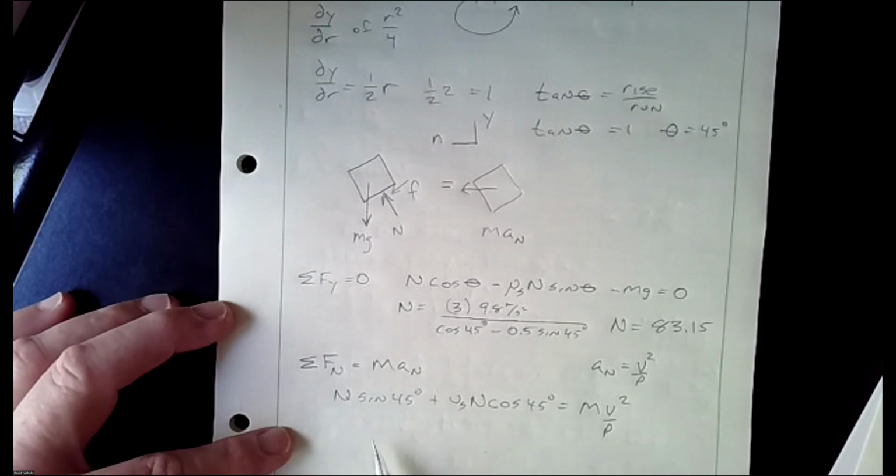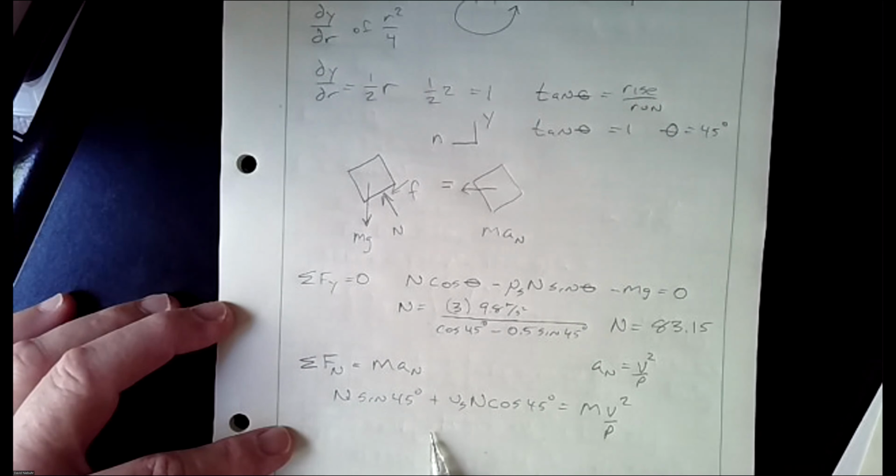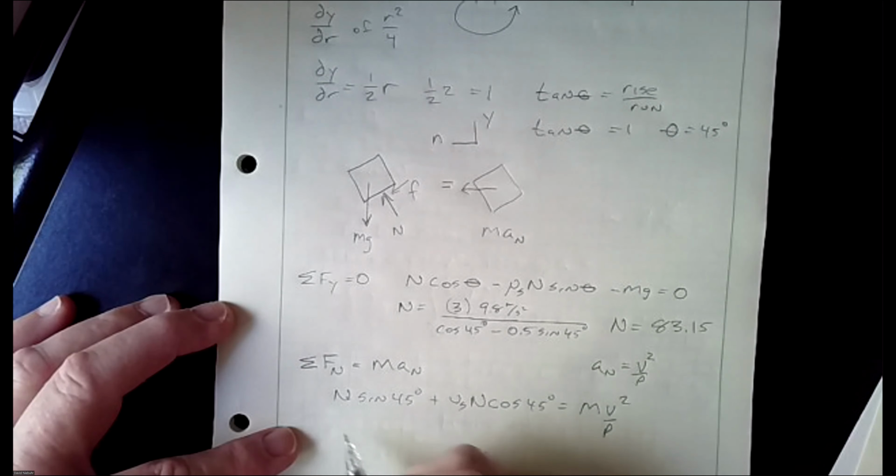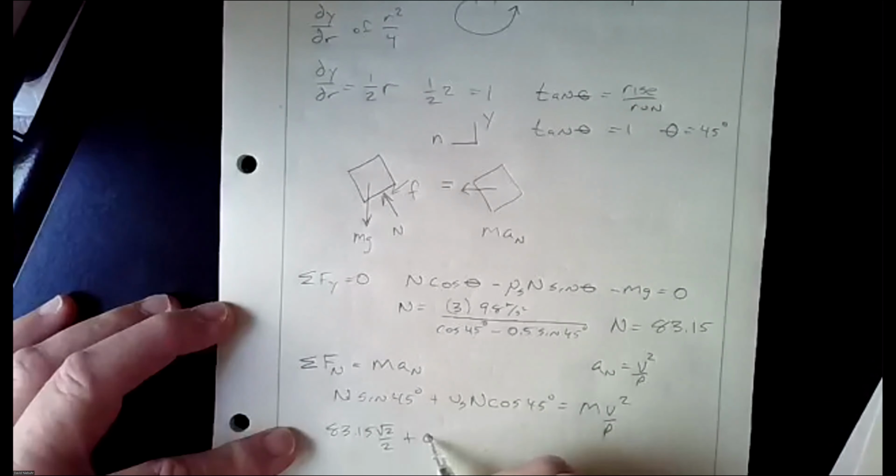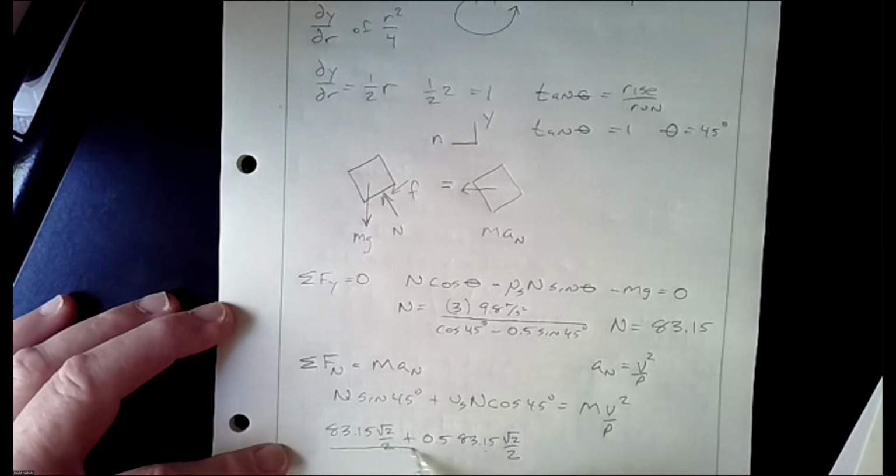So we plug in 83.15, and we get 83.15 times root 2 over 2 plus 0.5 times 83.15 times root 2 over 2, all divided by 3 kilograms.